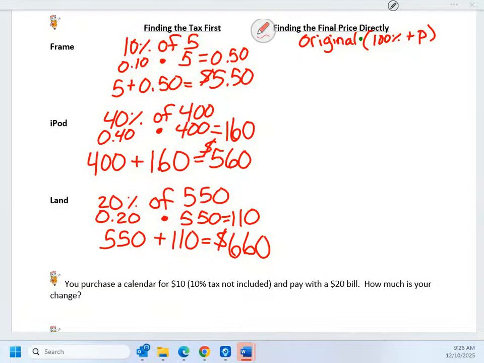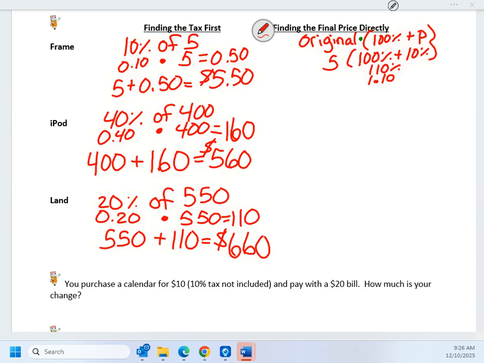So let's fill in our numbers for that picture frame. The original amount of the picture frame was $5. Multiply that by 100% plus 10%. 100 plus 10 is 110%, which is 1.10. Because when it's over 100, we have that 1 in the ones place, right?